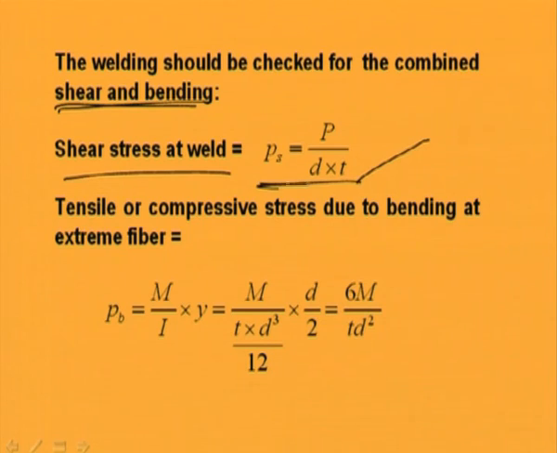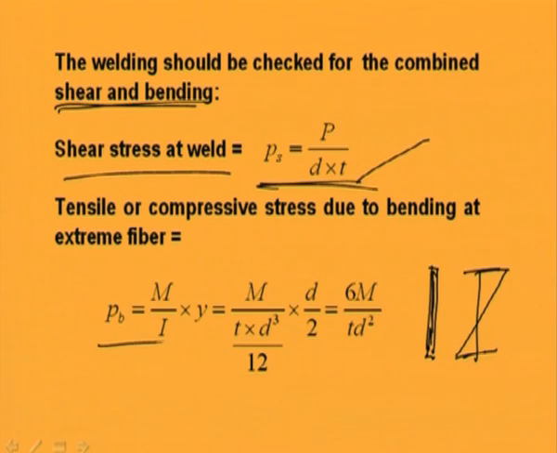So, first let us see the shear stress. Shear stress at the weld can be calculated from this equation, that is P by D into T, where D is the depth or length of the welding area, and T is the thickness and P is the total load. Now, again if butt weld is like this, we will see the stress is developing in this way also because of bending. Okay.